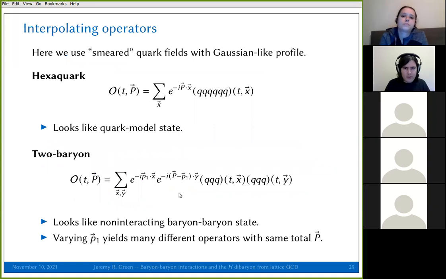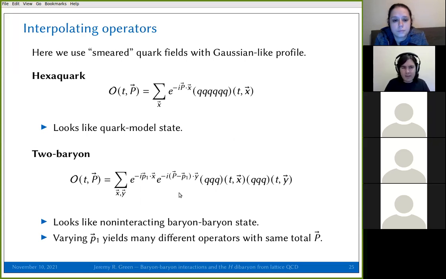So the first question we addressed, and this is for the first paper, was interpolating operators. What operators should you actually use to produce these states? There are really two natural kinds. One is the hexaquark operator, where you have 6 quarks at the same point, and this looks something like the quark model state.